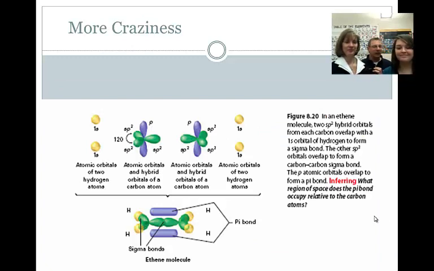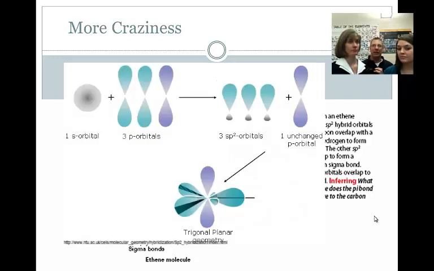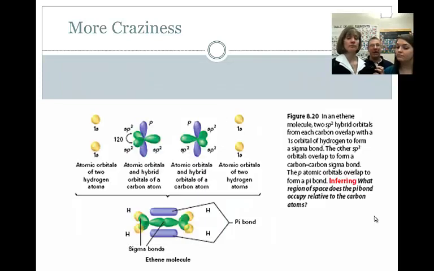This starts to get a little more crazy when carbon doesn't have to bond to four different things. If carbon is only bonding to three different atoms, then it only needs to make three hybrid orbitals, and one of those p orbitals keeps its original peanut shape. And that will change the plane and change the shape of this molecule. We're referencing the green orbitals here as the hybrids.